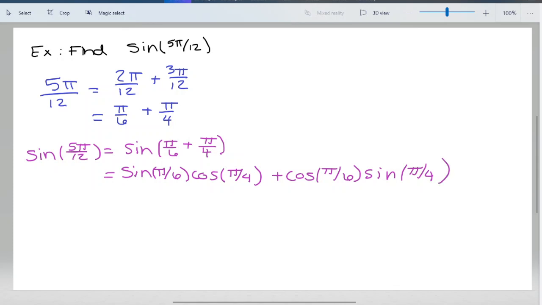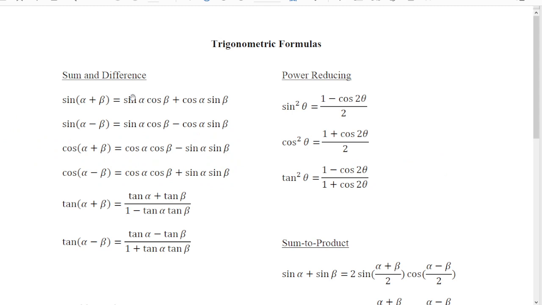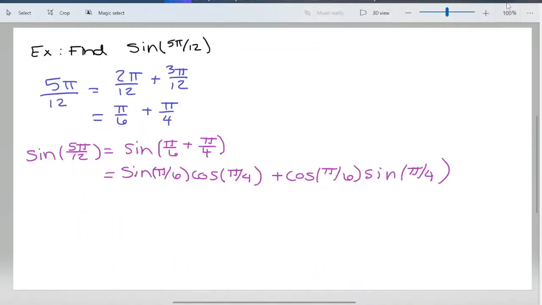So it's sine of the first angle, cosine of the second one, and then cosine of the first one, sine of the second one. Let me just double check that against our formula here: sine first, cosine second, cosine first, sine second. So we're really just evaluating that formula with these angles.